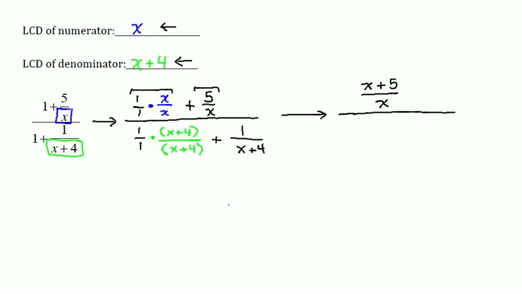In the denominator, I'll do the same. Multiplication by 1 here doesn't really have any effect at all, so we can essentially ignore that, and we have x plus 4 plus 1.